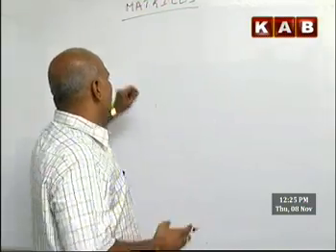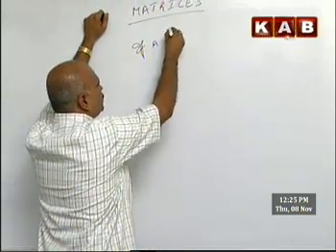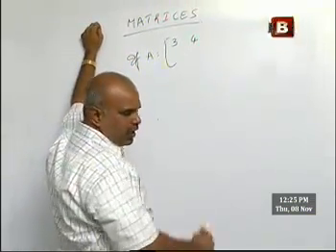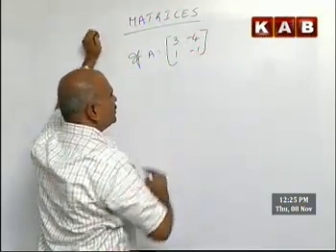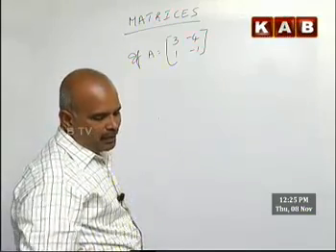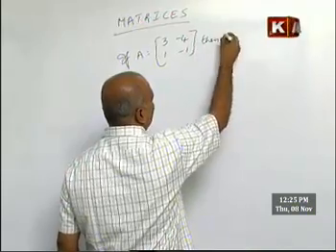I am considering another example. If A is equal to [[3, 4], [-1, -1]], they given like this: 3, 4, minus 1, minus 1. Then you have to show that A to the power n is equal to [[1+2n, 4n], [-n, 1-2n]], for all n belongs to N, where N is the natural number set.